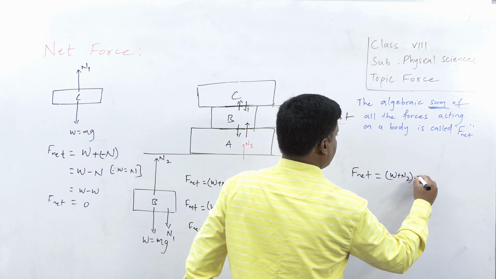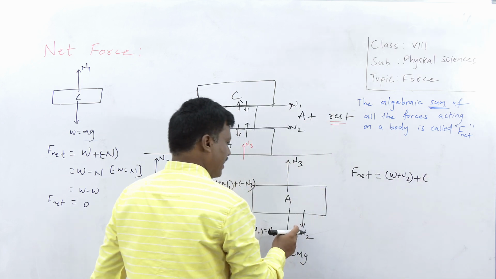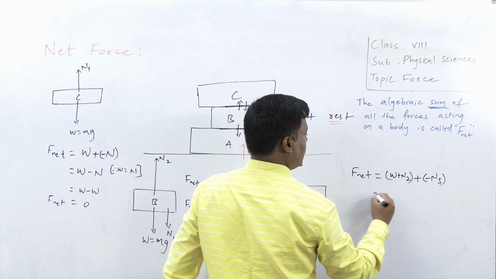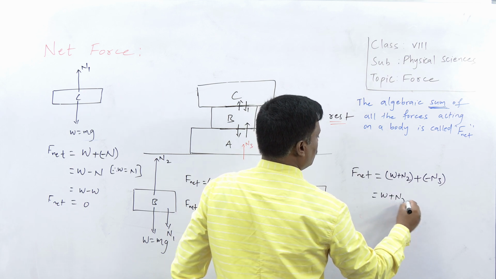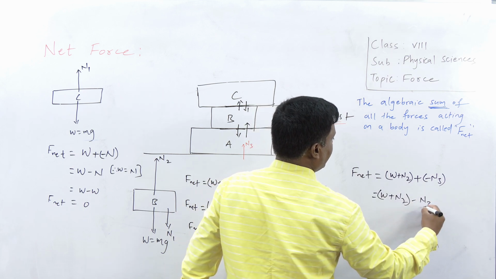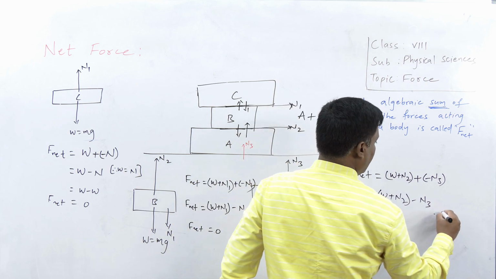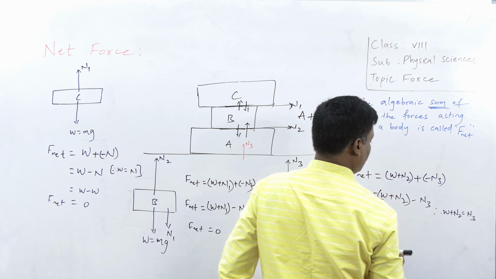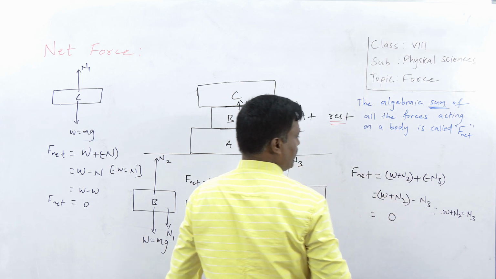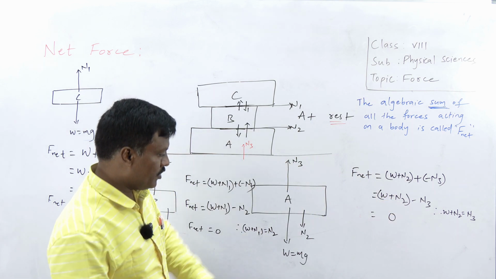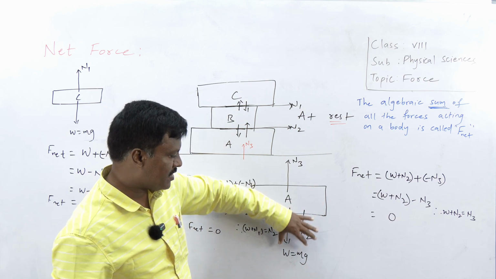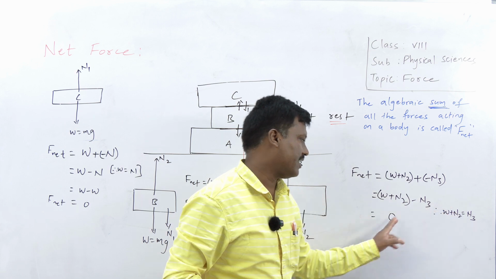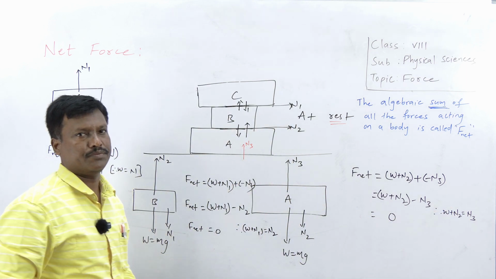As they are acting in the opposite direction, we have to take a negative sign for N3. So W plus N2 plus into minus N3. We know that W plus N2 is equal to N3. That is why net force is equal to 0. The magnitude of these two forces acting downward is equal to the magnitude of N3. That is why the net force acting on them is 0.